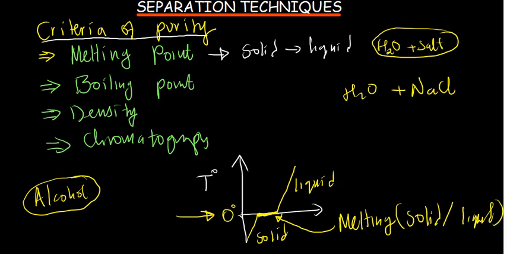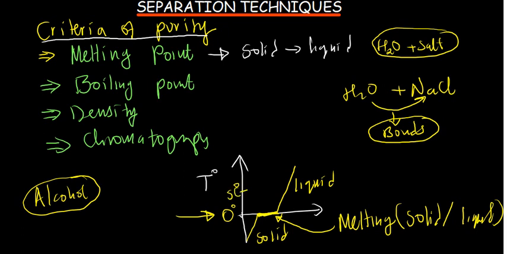So when water interacts with sodium chloride, the bonds that they are going to form are going to be much stronger. In other words, they are going to interact all the more. So it will not be that easy for you to convert solid water to liquid water, and so the melting point is going to increase. So instead of water melting at 0 degrees, you might find that it is melting at 5 degrees Celsius.